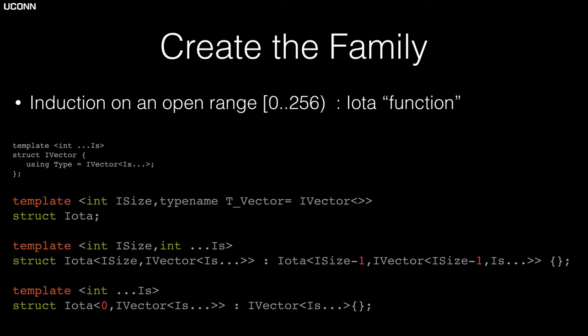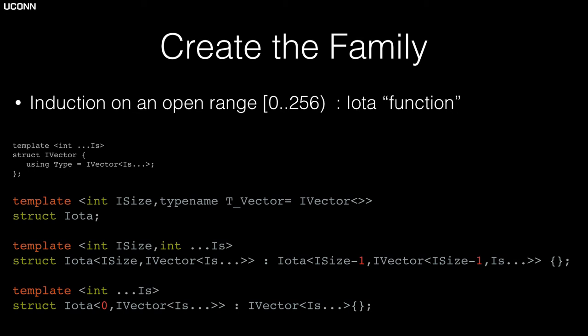So by saying that iota 255 inherits from iota 254, it forces the creation of iota 254. And iota 254, who is it? I'm going to use the same type family, so I will need iota 253, then iota 252, then iota 251. So C++ will generate the 256 iota types. Each one of them will contain something.